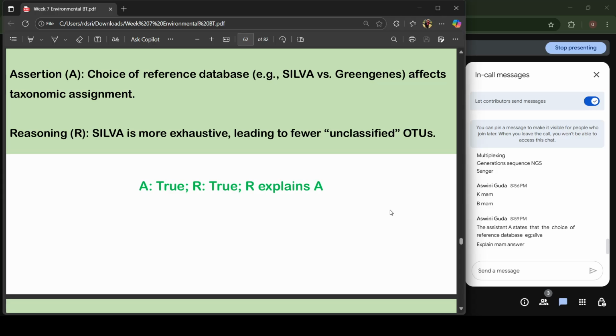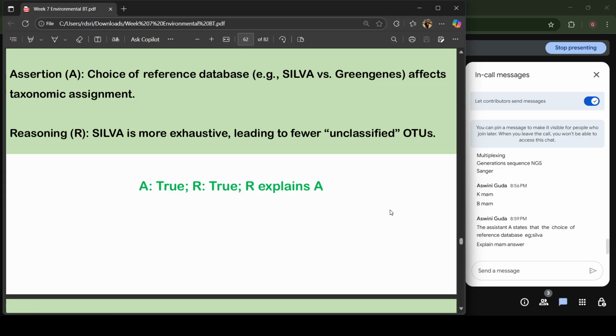The choice of reference database affects taxonomic assessment. That is also true because now we know Silva has more data points. It has a broader coverage of organisms, and it has fewer unclassified OTUs. So how are we able to tell this? When we are comparing two databases, we find that Silva is more exhaustive with broader coverage and more data, right?